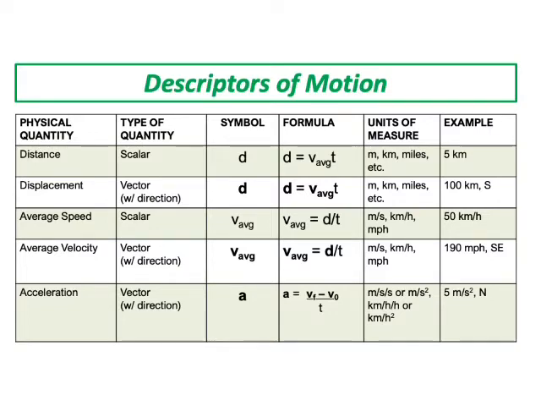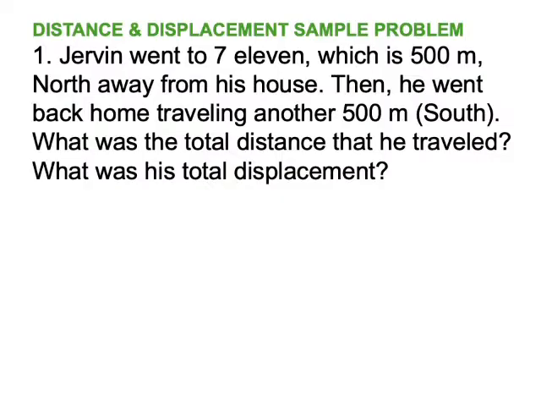And also we have given some examples and identified the units of measure in our previous discussion. This week, we're going to describe motion using kinematic equations. And the first that we're going to answer is about distance and displacement.